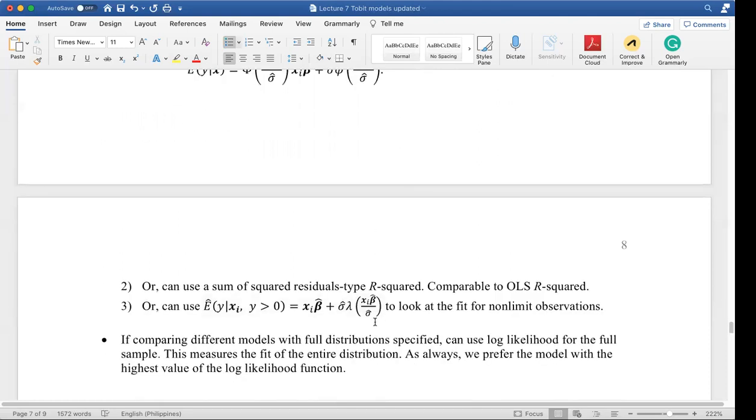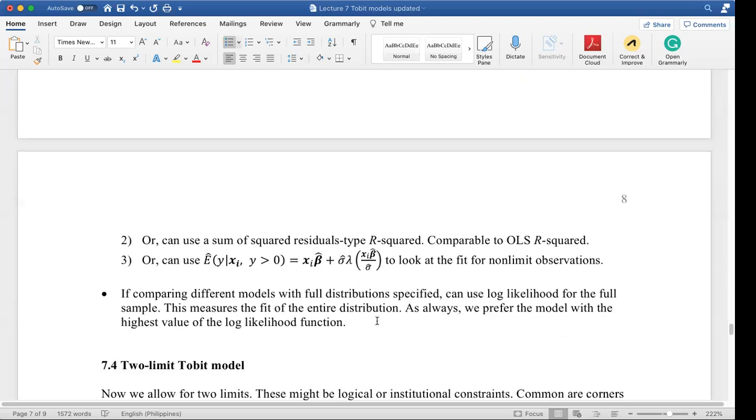Okay. Or you can use the sum of squared residual type R squared, which is comparable. If you look at the formula for multiple regression, you can express the R square in terms of sum of squared residuals. Okay, so using this approach, the number you get would be comparable to the OLS R squared. Okay.